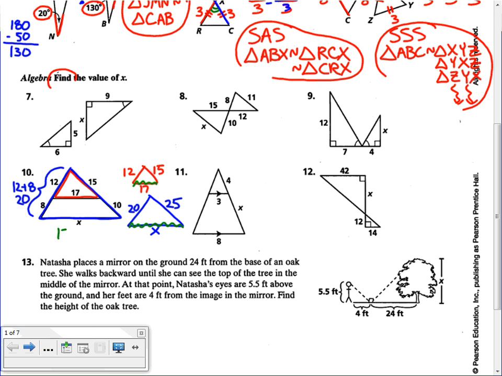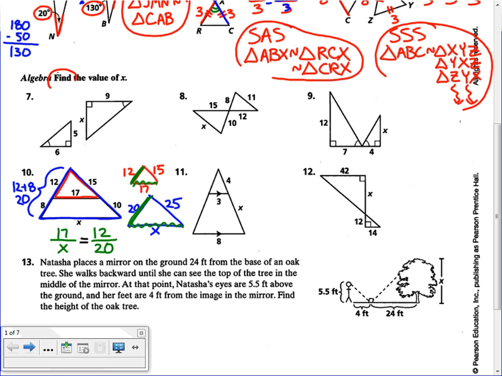So I know one part of my proportion can be 17 over x. All right, to look at the other, I know that the 12 is going to correspond to the 20, and those are the smaller numbers. I could use 15 over 25, but I'm going to keep things a little simpler. 17 came from the top, so I'm going to put 12 on the top and then put 20 in the bottom. And now I can cross multiply and solve.